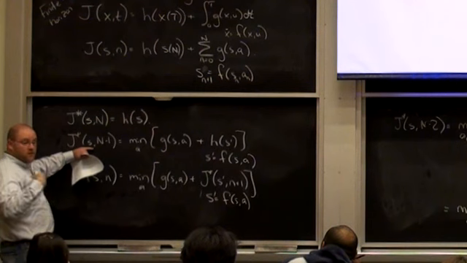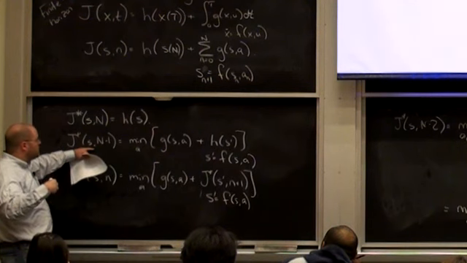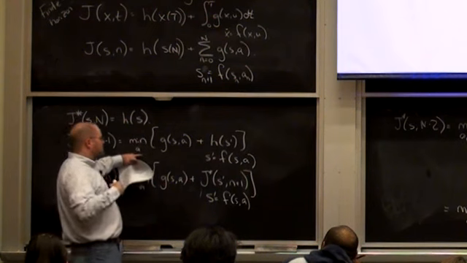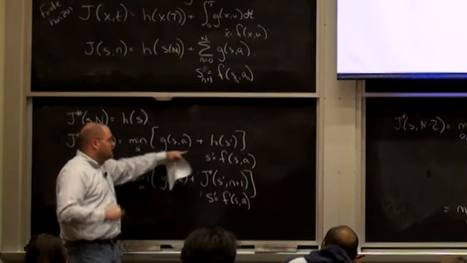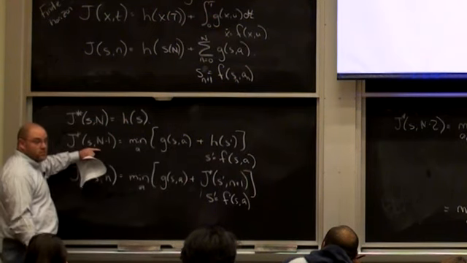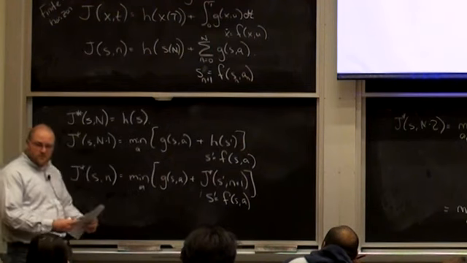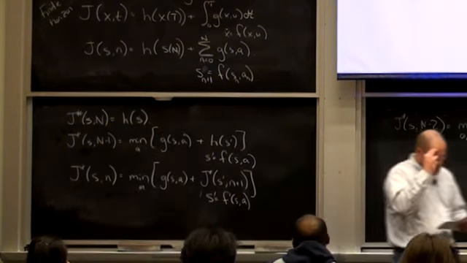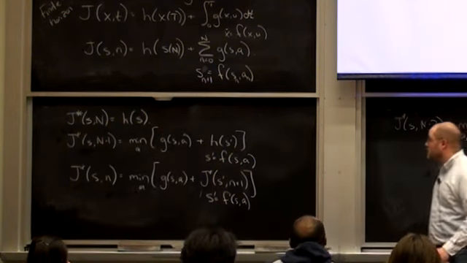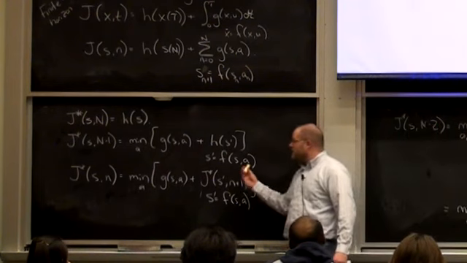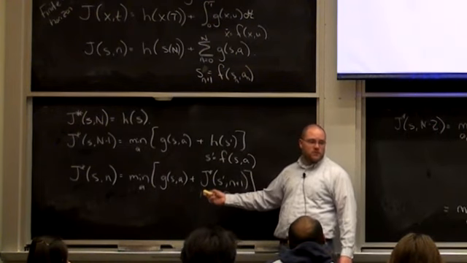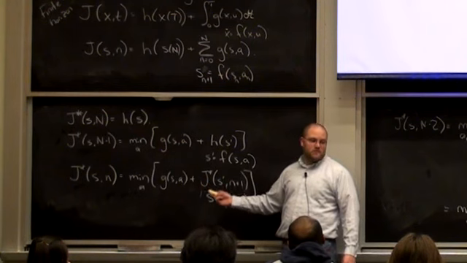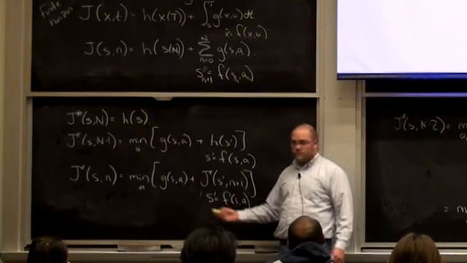That state contains all the information. All I have to think about is the last action I'm going to take to decide my optimal policy one step from the end of time. So the fact that you can solve these things backwards in time, that's the principle of optimality.